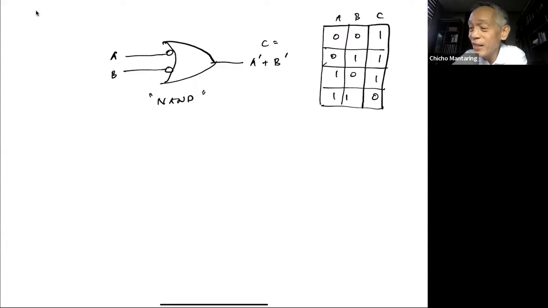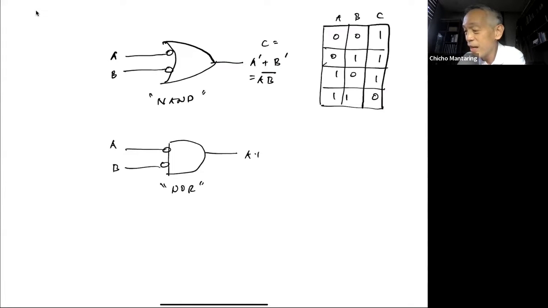So actually, this is also a circuit symbol for the NAND. And in fact, if I get an AND and I invert my inputs, so A prime or B prime, that is A, B inverted, this is also a NOR.